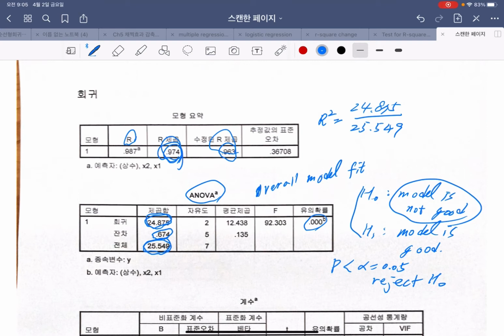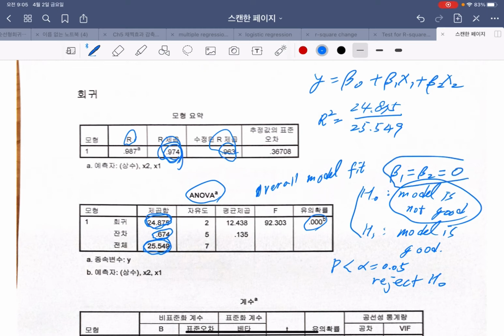This means if we use parameters or coefficients, in this case, since we have two independent variables, the true regression equation is like this. Model is not good means beta 1 and beta 2 are equal to 0.